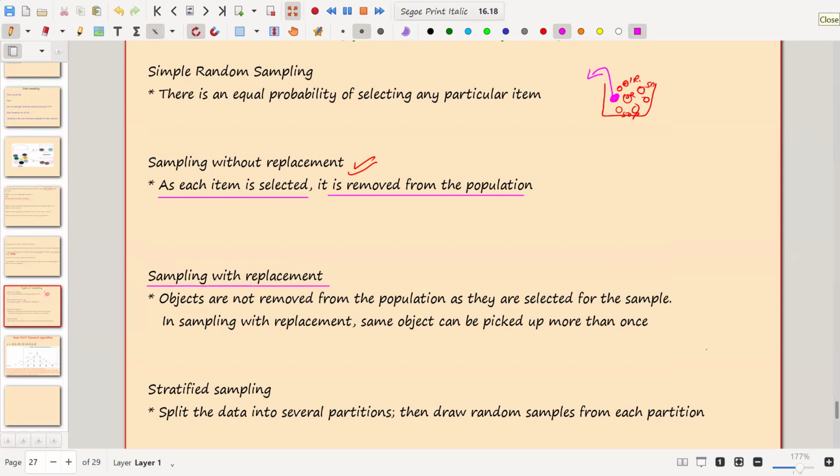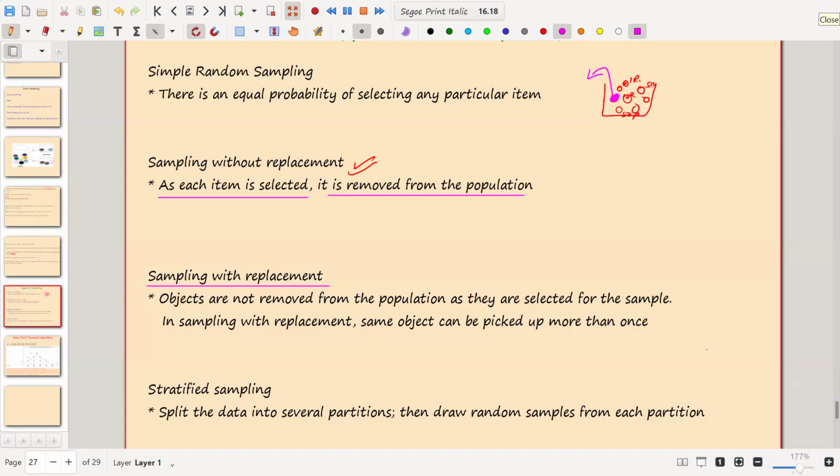Sampling with replacement, what does it mean? You took the pink coin out, okay, and when you again choose a coin, you replace that pink coin back into the population, right? So observe the difference: the chance of choosing the pink coin can be there now. The pink coin can be chosen more than one time. Are you able to understand? You understand the difference between the two? With replacement means I took the pink coin out, then I took another coin, then I put it back inside the population.